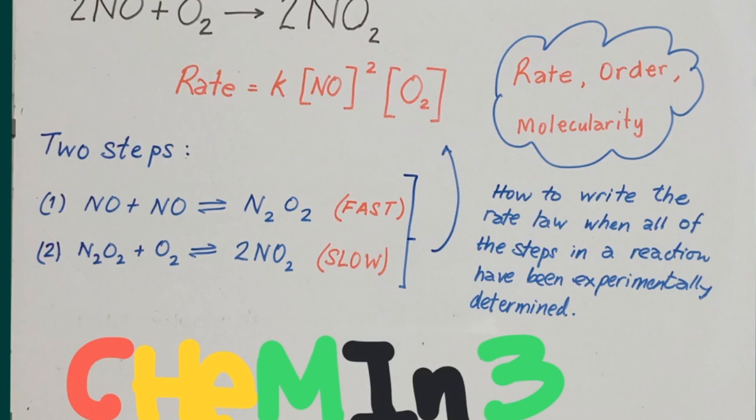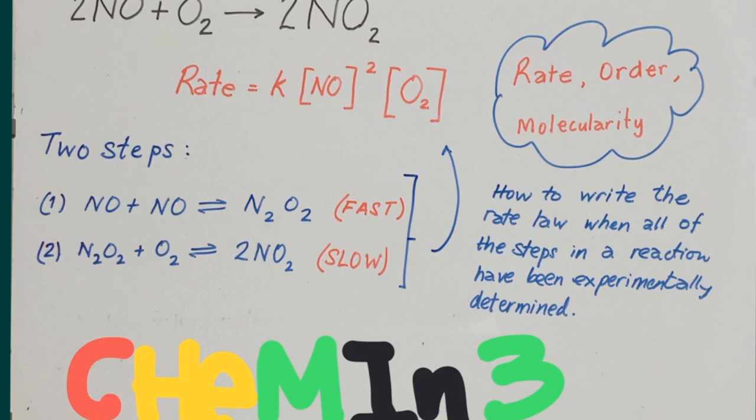And while it is true that this equation as given does suggest that this is a possible rate expression, this does not give any information about the steps involved in this particular reaction. And here you can see the actual steps involved in the reaction, where there's a fast step and there's the significant and slow rate determining step. It is this second step here that really determines the rate.